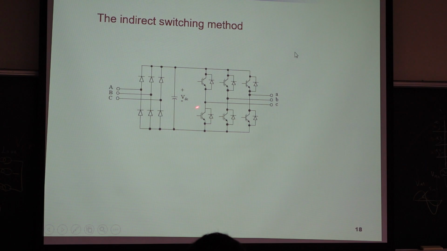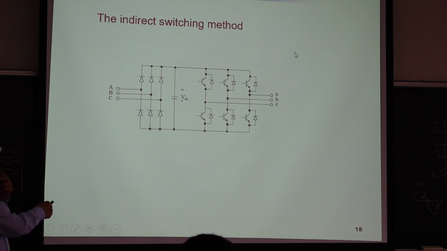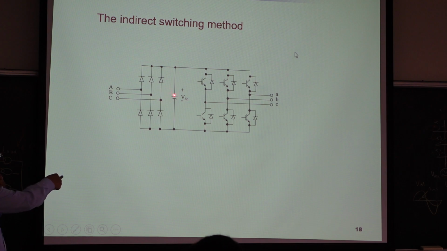So we call this one AC to AC. But this is AC to DC and DC to AC. So how many stages? 1 stage, another 1 stage, 2 stages. What is the advantage? If I have some problem, because this is a huge capacitor, the capacitor can keep constant voltage.